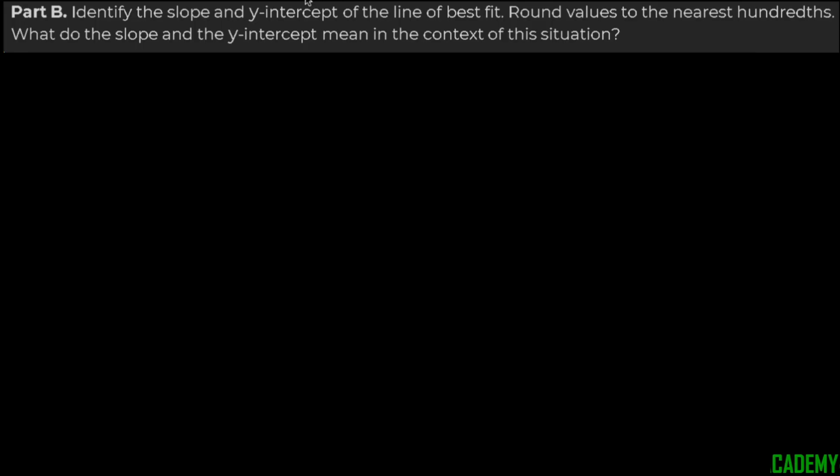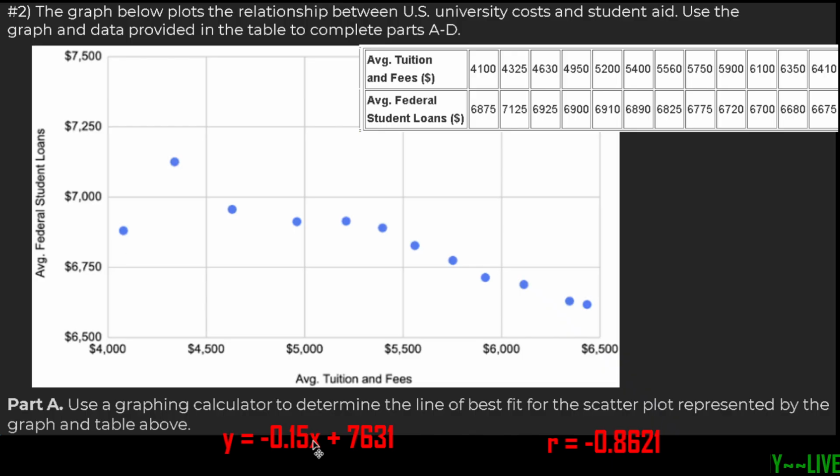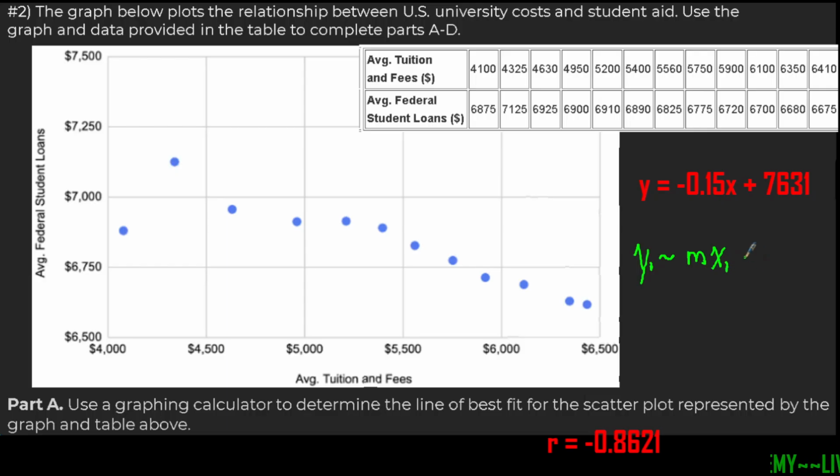Again, let me actually write this here as well. For the key part of this, you want to make sure you're writing this. We're going to say y1 tilde, that little squiggly line, mx1 plus b. Make sure that this is the key equation that you have to be able to type in for your table.